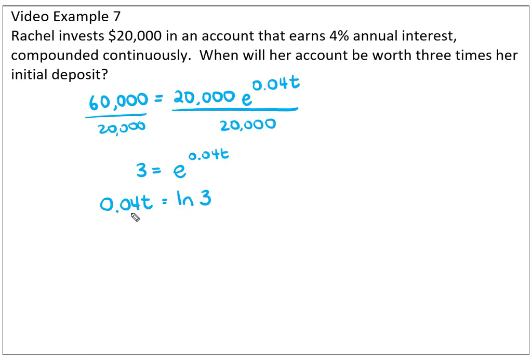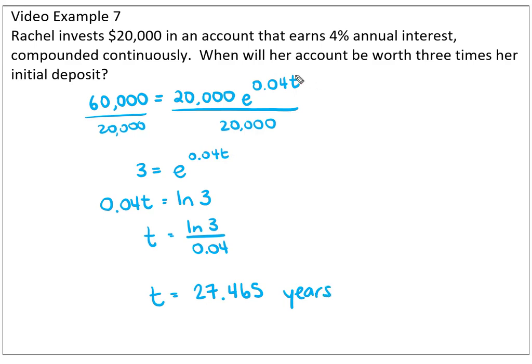And then we're going to divide by that coefficient. Notice that 3 comes from tripling our initial deposit, 0.04 comes from our rate, and then we would just ask our calculator. And it will take you approximately 27 years to triple your money.